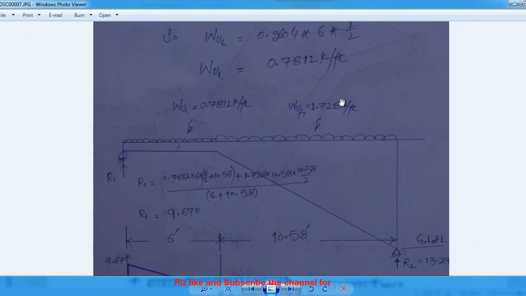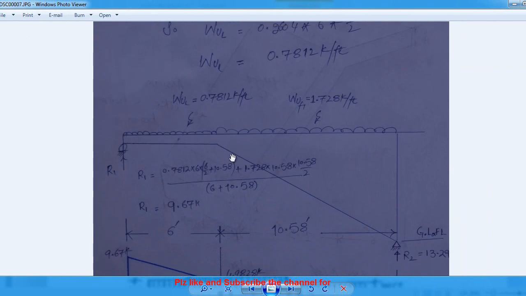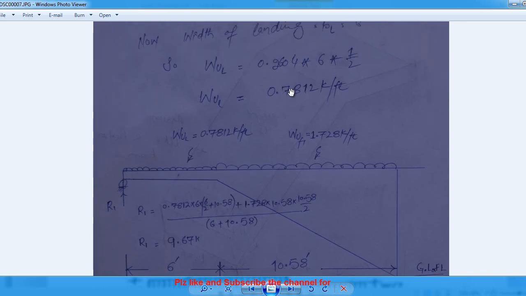Now you need to draw the beam. The beam is drawn here. You see roller support and hinge support. This is the flight, this is the landing. Clear? The landing length is 6 feet and the loading is now recalculated as 0.7812 kip per feet, and 1.728 is already calculated on page number 7, sorry.